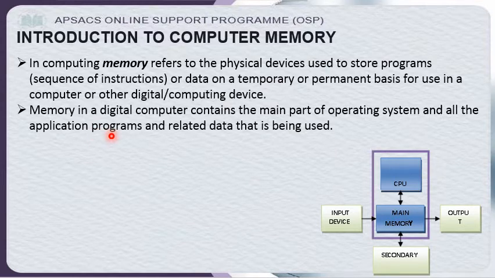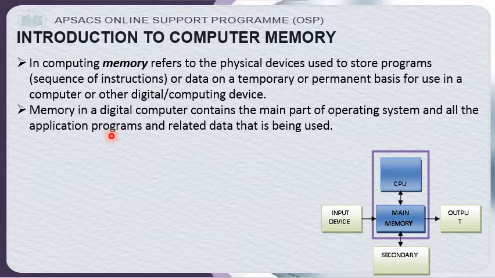Microsoft Word, Excel, and the data which are required for them. You are typing something inside Microsoft Word, so that is data, but Microsoft Word is itself a program, so both will be stored in a computer memory. Got my point? I think so.